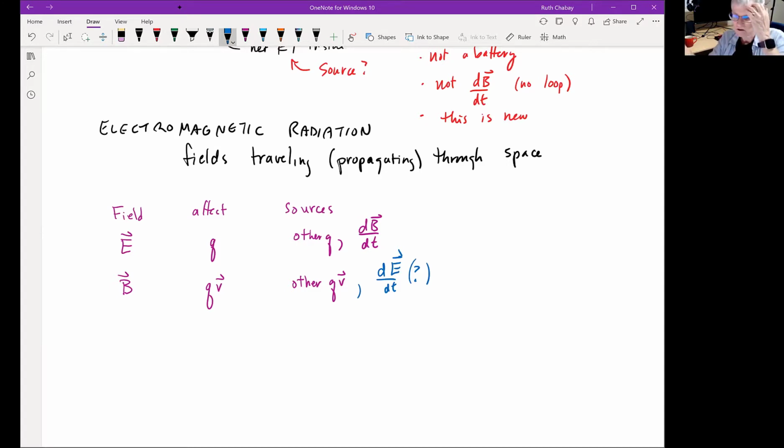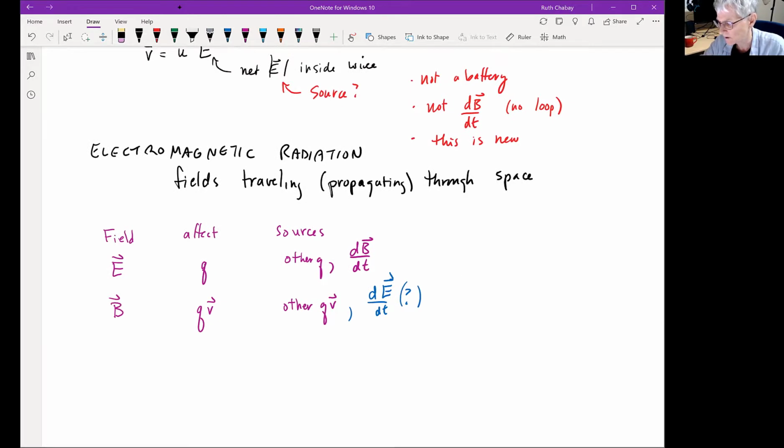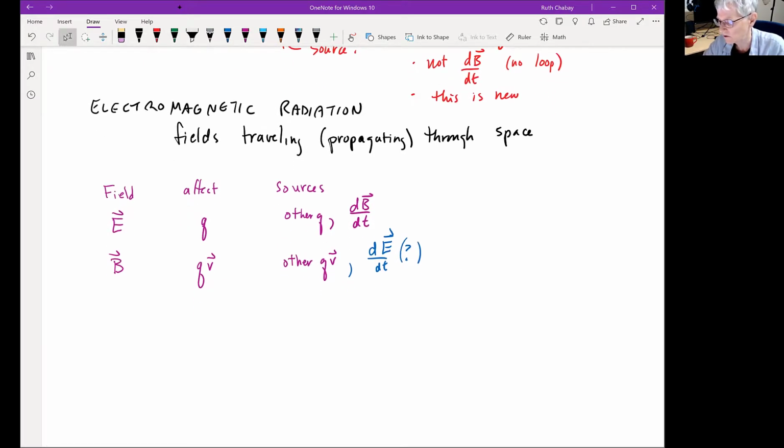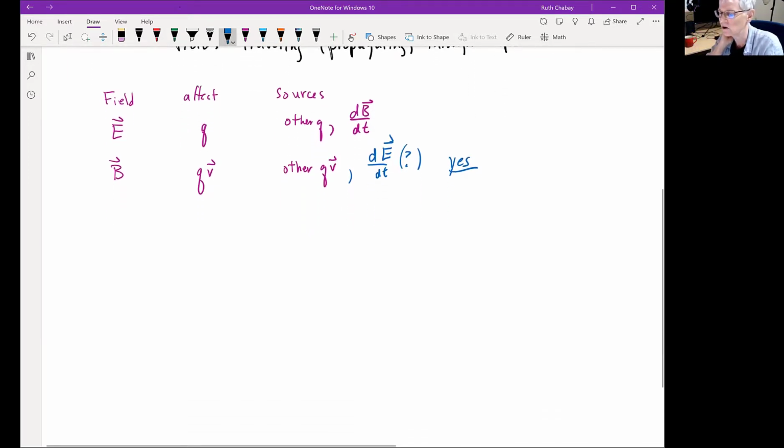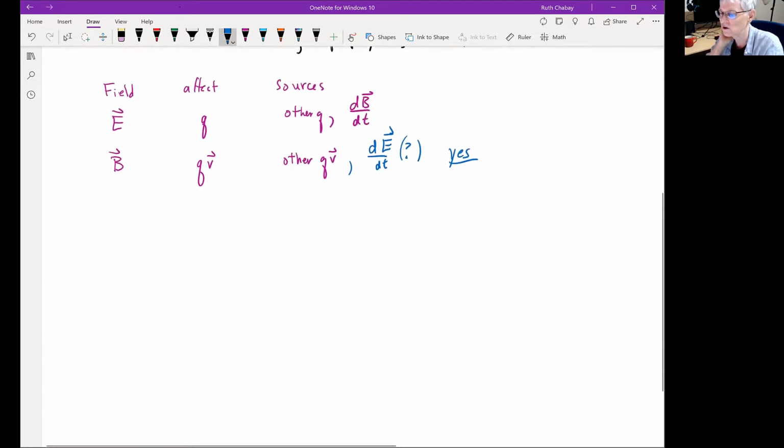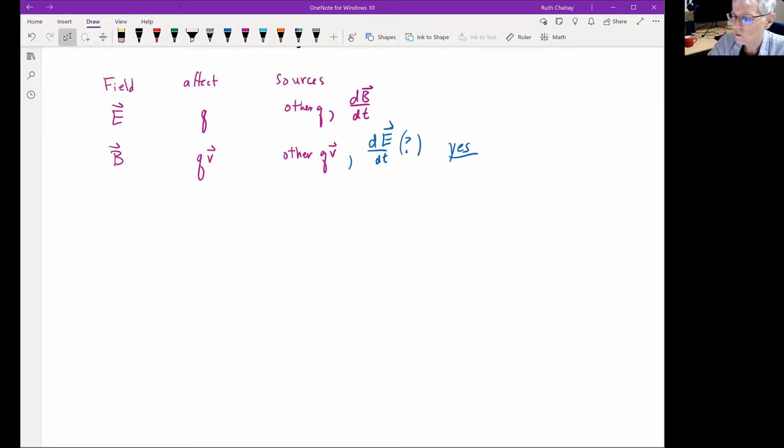And in fact, that turns out to be true. A time-varying electric field is accompanied by a magnetic field, and we can make a little argument here that shows why we might need to expect this to be true.